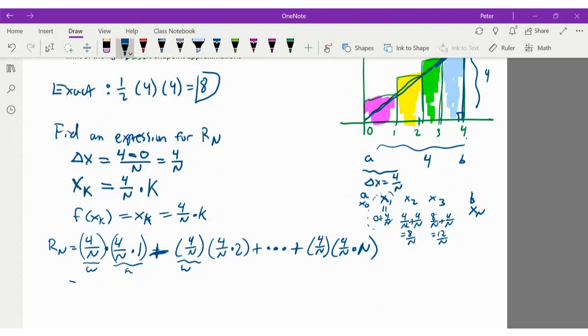If I factor out the 4 over n, because this term was common in every case, this is going to be 4 over n times 4 over n times 1 plus 4 over n times 2 plus dot, dot, dot, plus 4 over n times n.